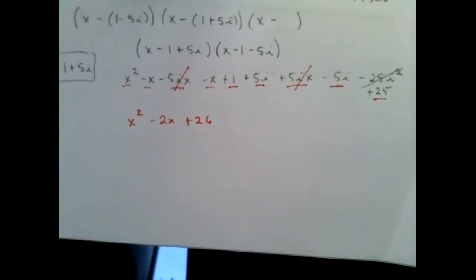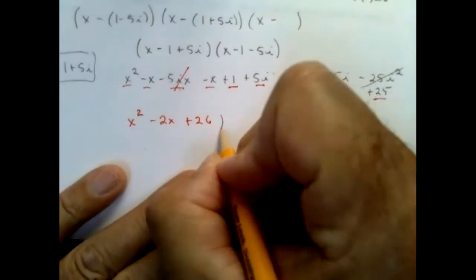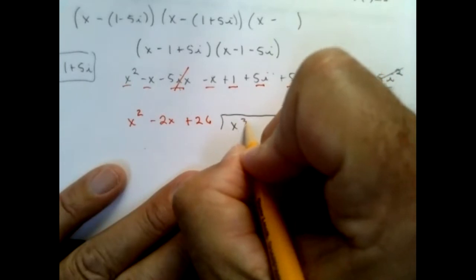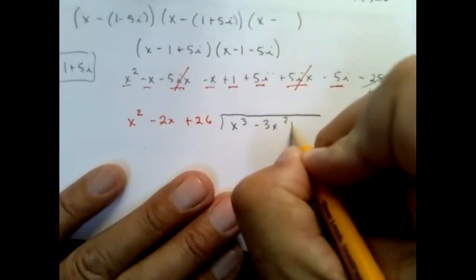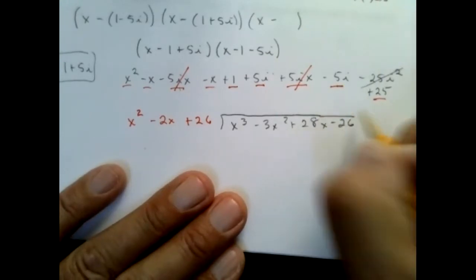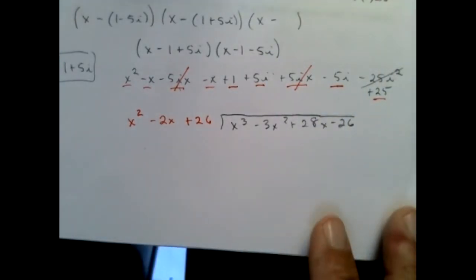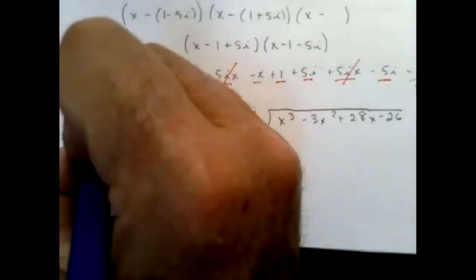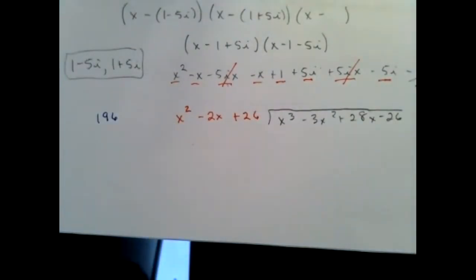I want to find the third one. I can do this. I can divide this into x cubed minus 3x squared plus 28x minus 26. How can you do that, you say? Okay, so if I have a mystery number, 196, and I say, okay, I know 2 divides into that, right?